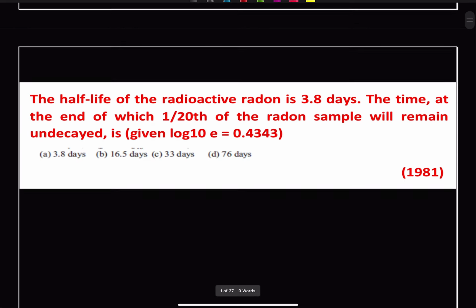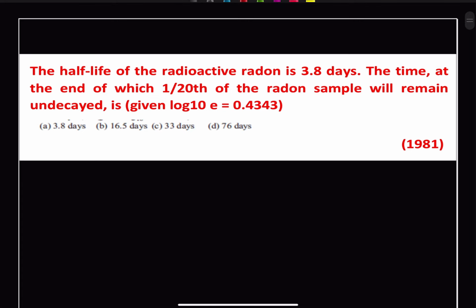So the first question was asked in the year 1981, and it states that the half life of the radioactive radon is 3.8 days.